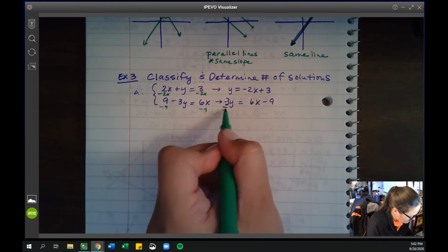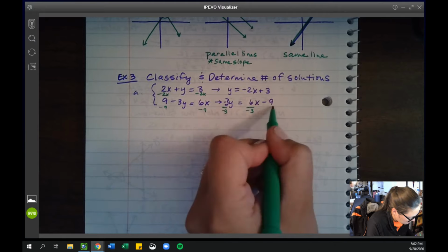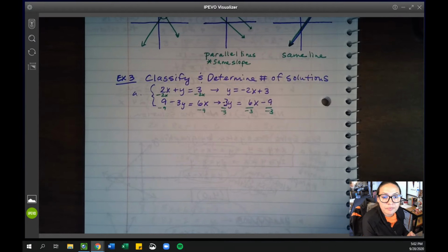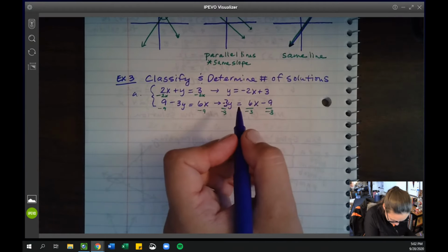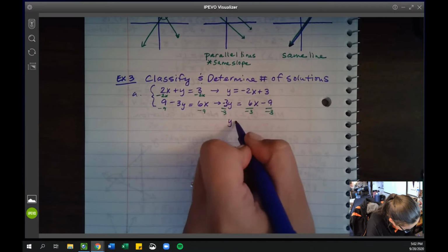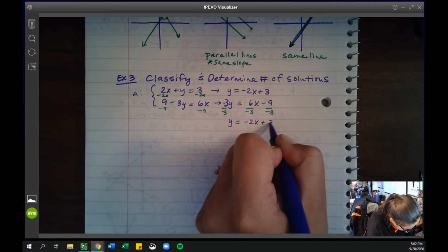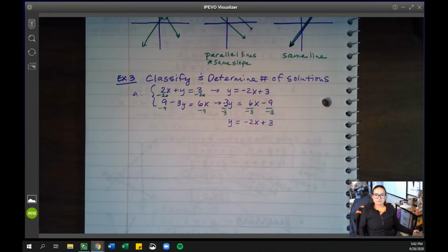And now I'm going to divide everything by negative 3, which gives me y equals negative 2x plus 3.